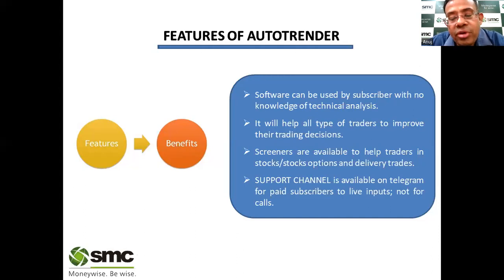The second thing we focus on is that we have given certain spaces to every trader, investor, every participant in the market through this software. So anyone who is an investor will not feel left out. And even if you are a stock option trader, there is something or the other for you to really rely on. Apart from that, index trading or your intraday cash trading is anyway an integral part of Auto Trader.